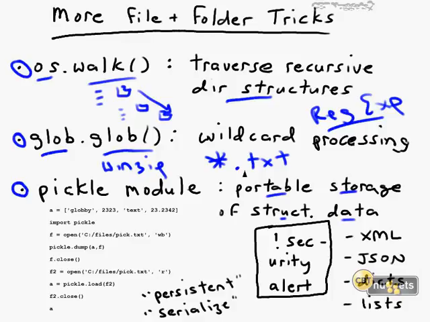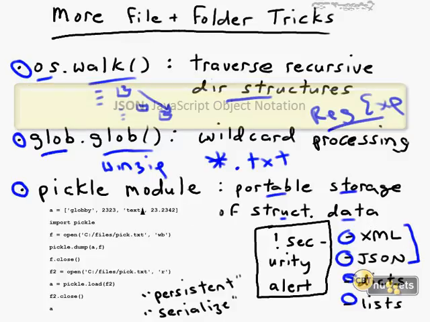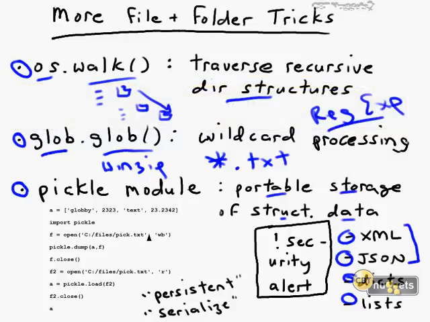Well, that's what Pickle does, but what's especially cool about Pickle is that the data types it takes are pretty much anything supported by Python. So you can take lists, you can take dictionaries, you can take XML, Extensible Markup Language, or JSON, which is a pretty popular data representation format used in the Java world, and pack that into a file, and that file gets stored with your complex data.